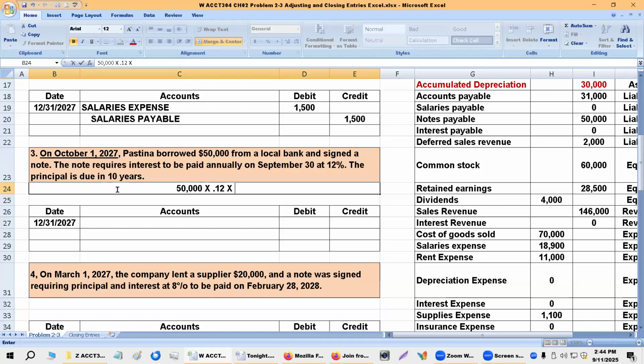Wouldn't it just be a full year? We'll get a full year. We signed this on October 1st. We're at 12/31. If we would have signed it on January 1st, then it would be a whole year.